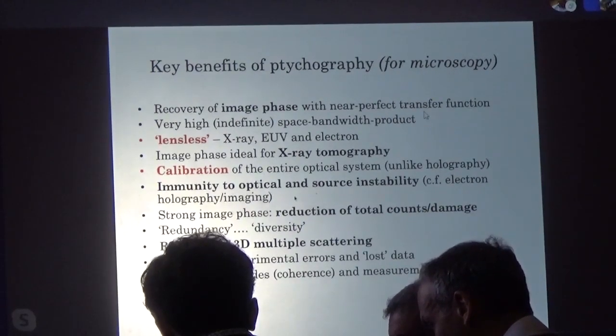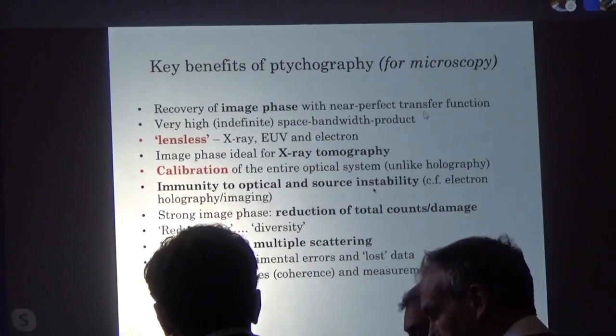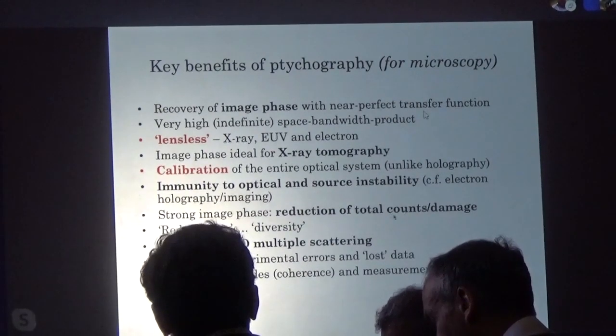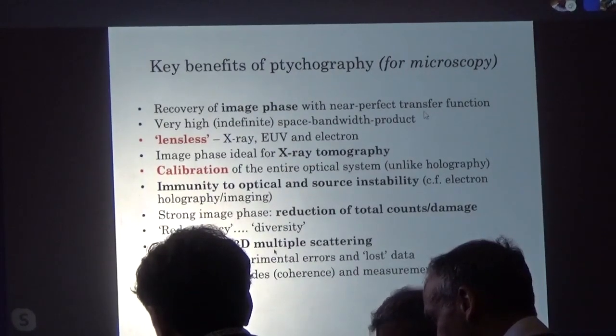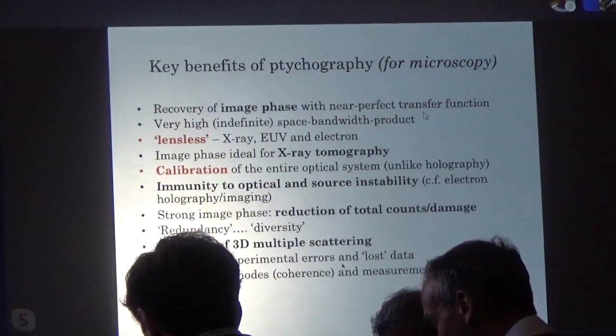Now, in electron microscopy, there are various other benefits, like relaxing source instability. You get a very strong phase image with low counts. And we have a lot of redundancy in the data, diversity, which means we can remove free-space scattering and experimental errors.